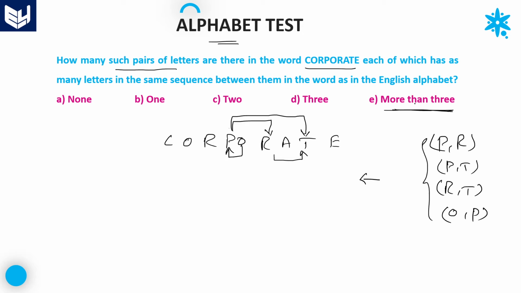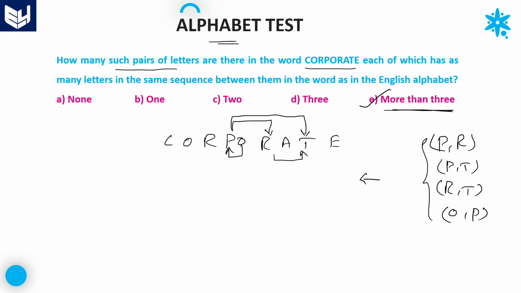Whenever we have more than 3, once you got the fourth pair, you can directly keep option E as the answer, and remaining pairs are not required. But I will explain whether any more pairs are formed. I think option E is definitely the right answer.